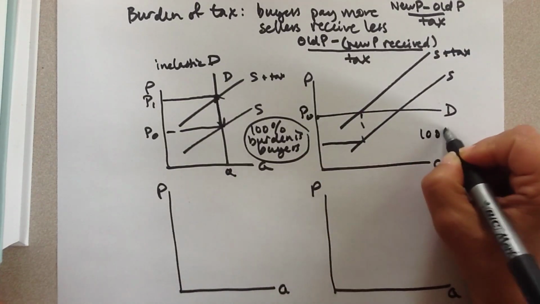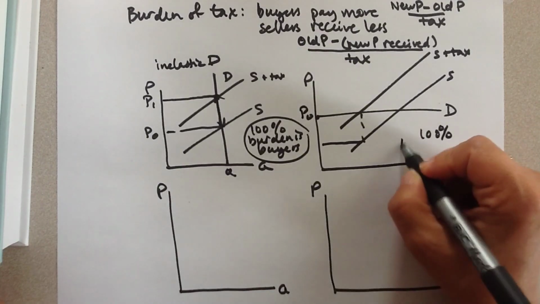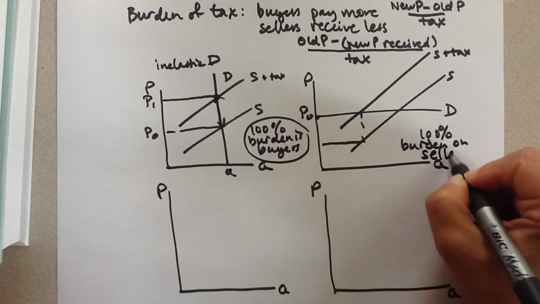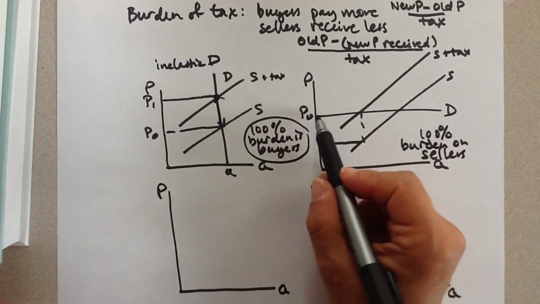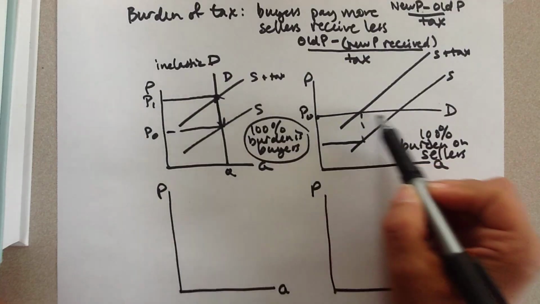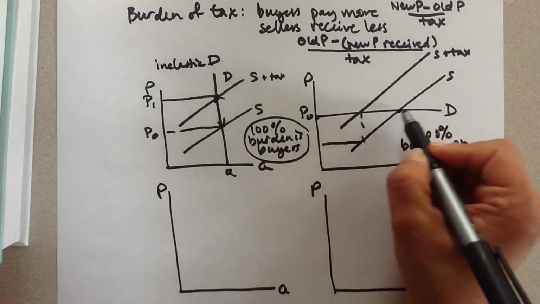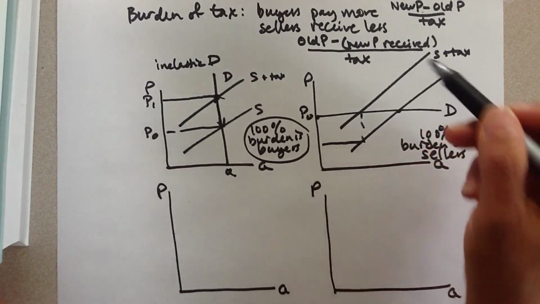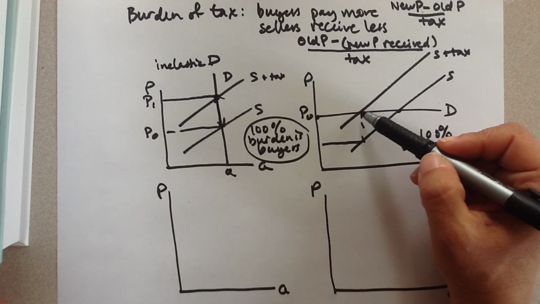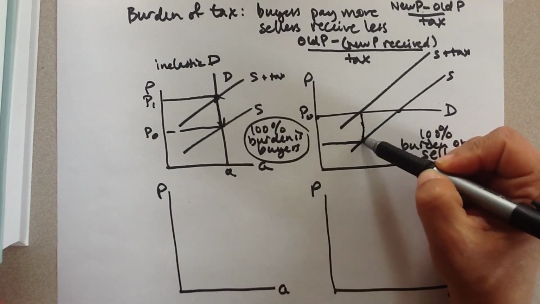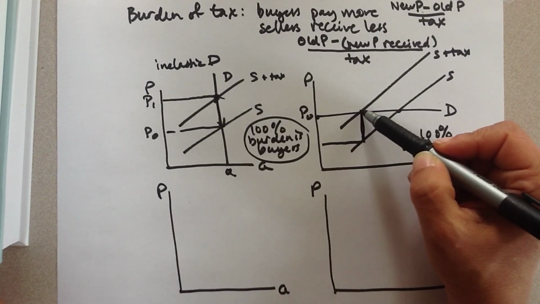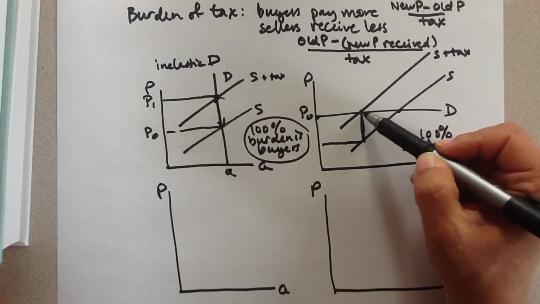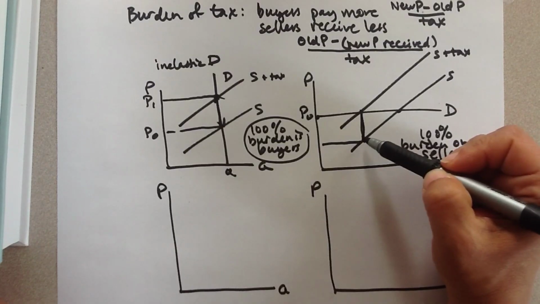This is 100% burden to the sellers, because the price doesn't change at all. The new price the buyers pay minus the old price is 0. The sellers can't raise the price because they'll lose all their business, so they really have to eat the tax. The old price minus the new price received is entirely the amount of the tax. They just have to charge buyers the same, send that tax amount to the government, and then they get the old price minus the tax as what they get to keep.